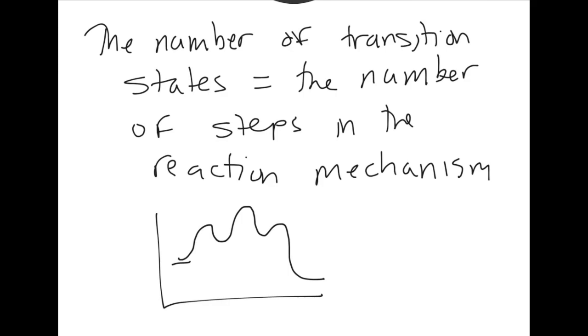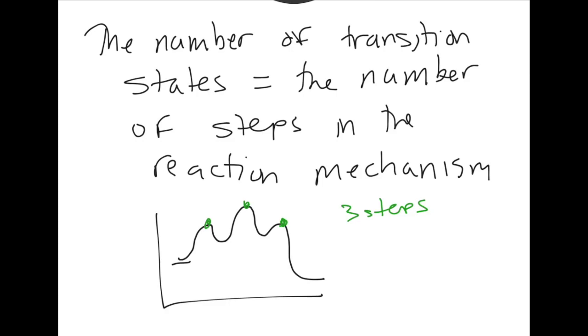So how many steps are in this reaction? There are three transition states. There are three peaks on your way to the product. So there are going to be three steps because there are three transition states. The valleys are intermediates, so they don't count for this.